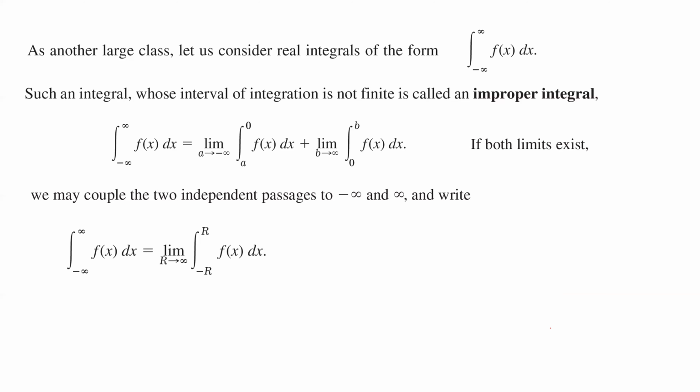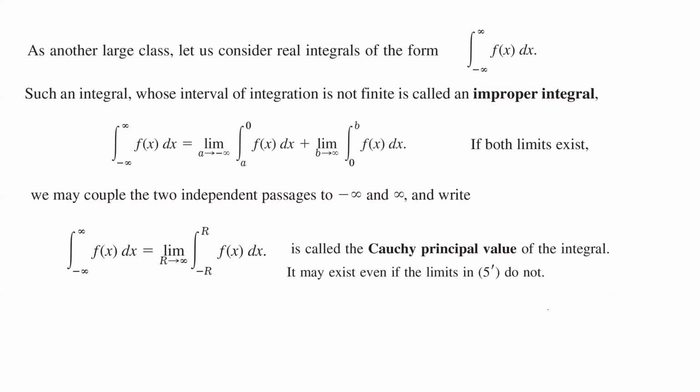If you do that, this integral can be written as the limit of the integral from -r to r of f(x) dx as r goes to infinity. This has an advantage. It's called Cauchy's principal value of an integral. It may exist even when the limits in equation 5 don't exist.